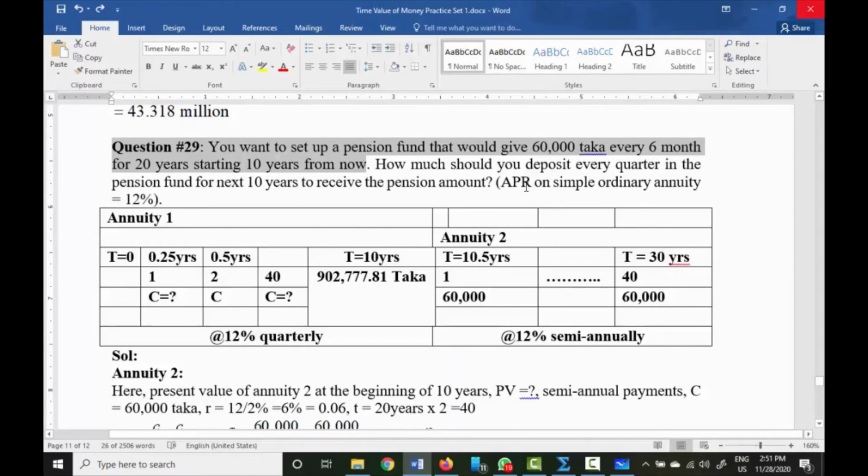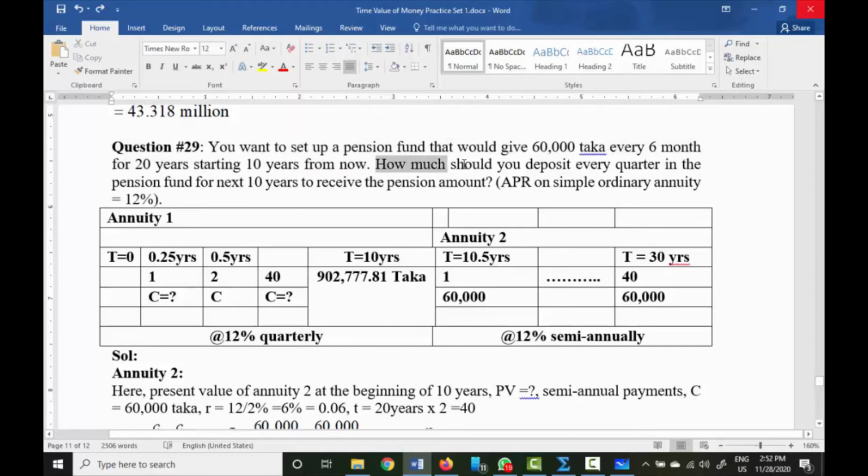You want to set up a pension fund for that, so that you should get 60,000 taka at the end of every 6 months for the following 20 years.